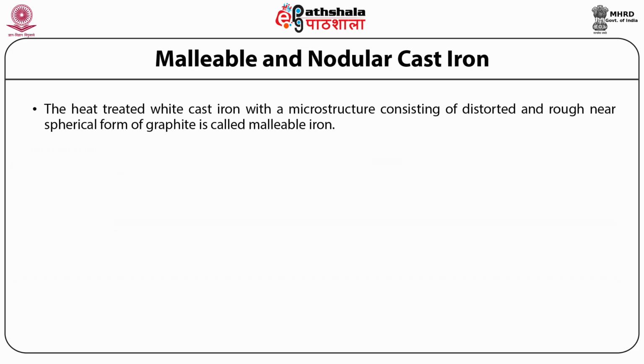Malleable and nodular cast iron. So students, let us first discuss the malleable cast iron. The heat treated white cast iron with a microstructure consisting of distorted and rough, near spherical form of graphite is called malleable iron.